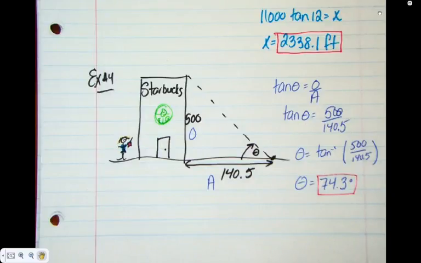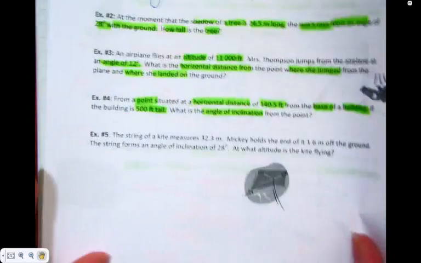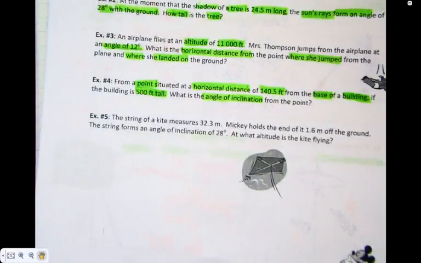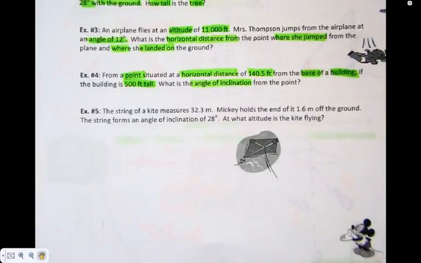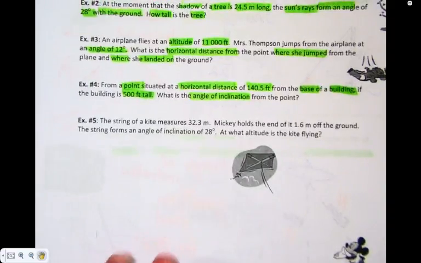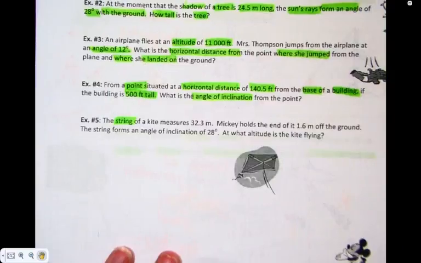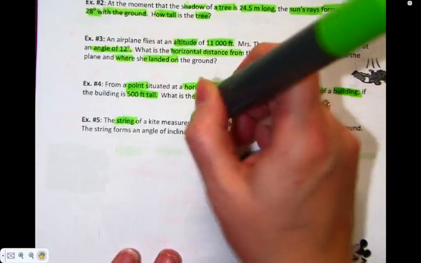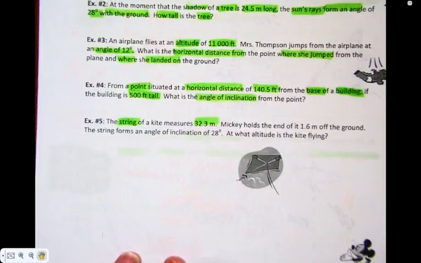Read to read number 5. What's it about? Kite. Put kite in your notes. First sentence. That's it?